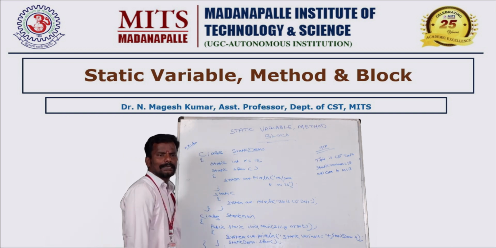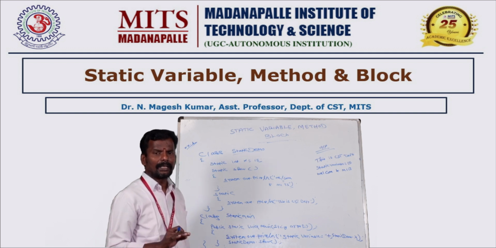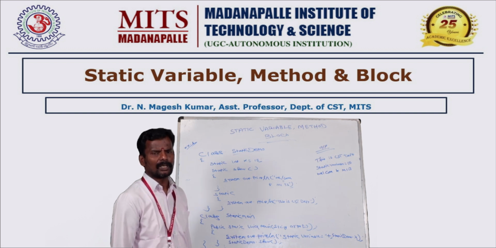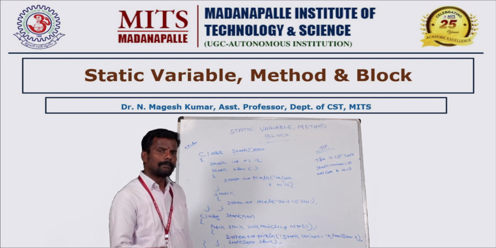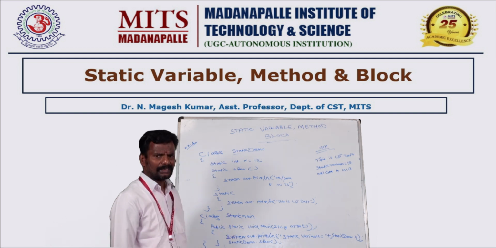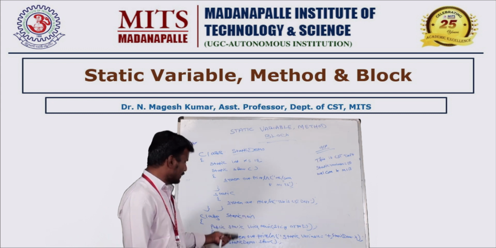And the next, static method. A static method is any method defined by using the keyword static. It is also accessed either directly or by using the class name. And the next, static block.